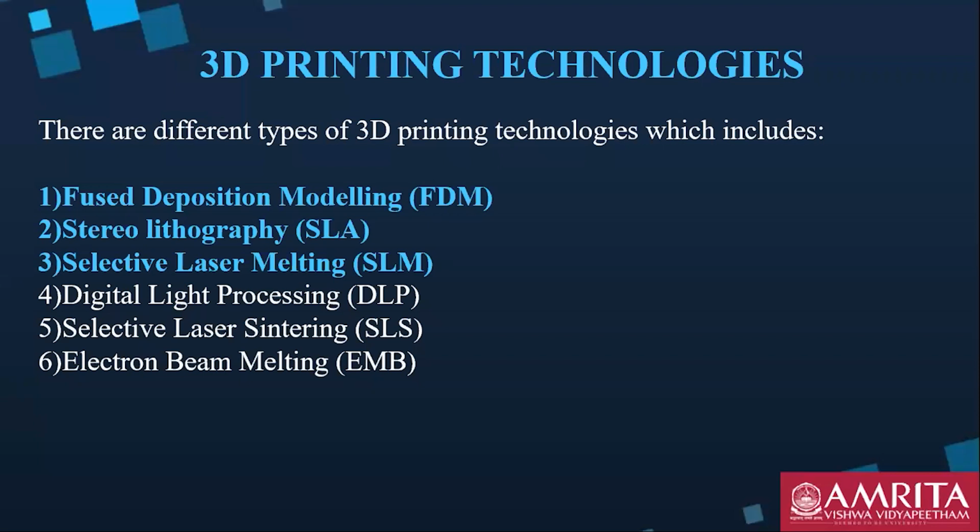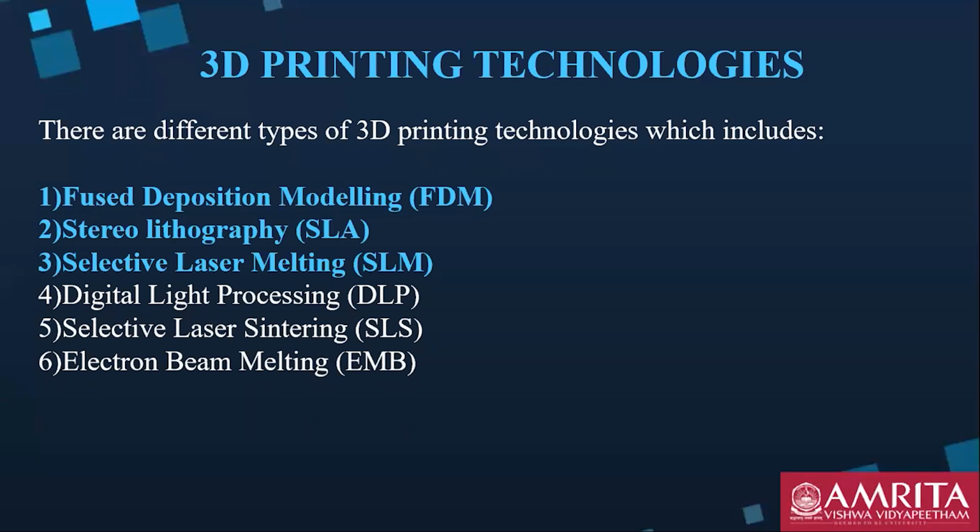Everywhere you will see it mentioned as FDM. Second is stereolithography, which we call SLA. The third one is selective laser melting. Today we will be discussing these three technologies only. These are the basic ones.